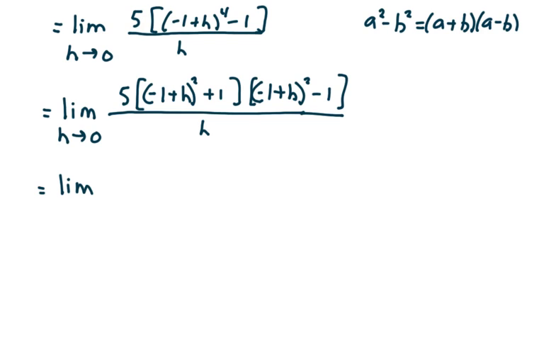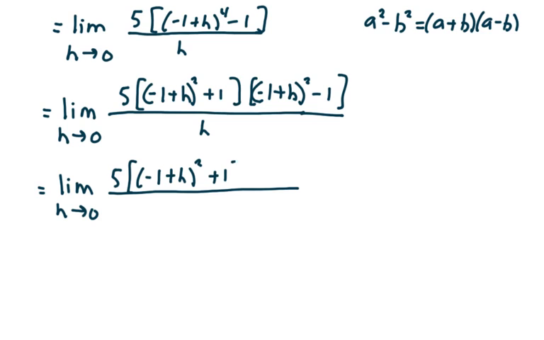So this is the limit as h goes to 0 of. Now, here you get 5 times negative 1 plus h to the 2nd plus 1. And what's nice is, if you look at that second factor, you could view that as a difference of squares as well, because 1 squared is the same as 1.